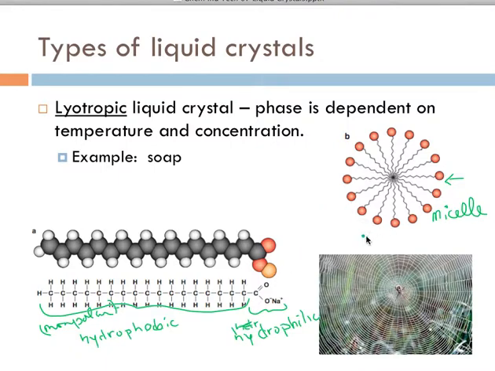In a high concentrated solution of these molecules, you will get the formation of these micelle structures. Okay, and this is a high concentration solution, and that would be an aqueous solution.